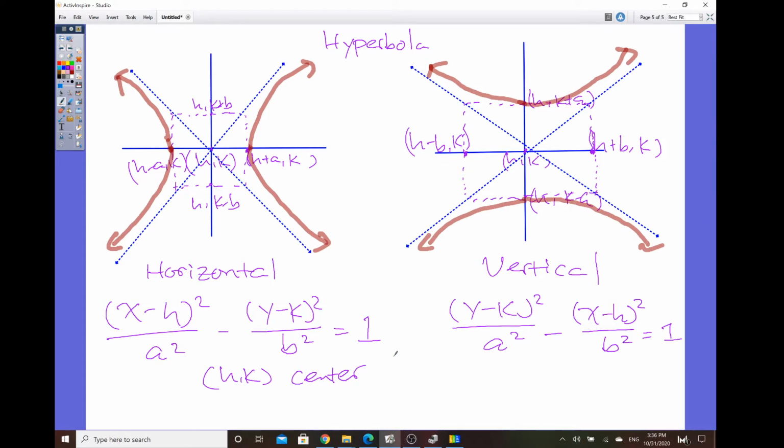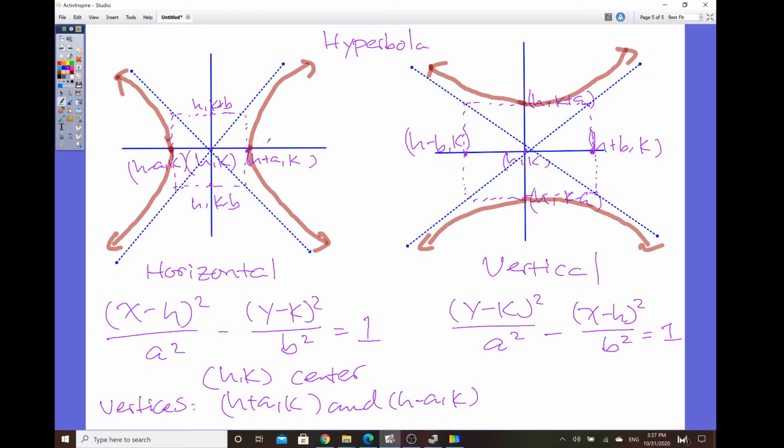In this one, there's no major axis or minor axis, but we do have two diagonals, the main diagonal and the opposite diagonal. The way to find the diagonals is to set up the vertices. For the horizontal hyperbola, the vertices are h plus a, comma k, and h minus a, comma k.